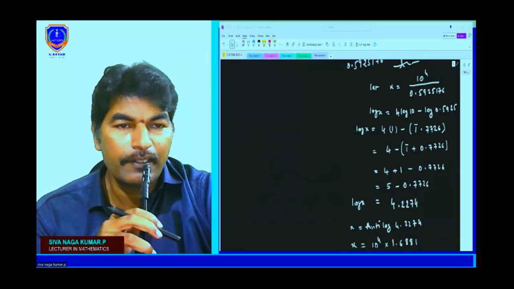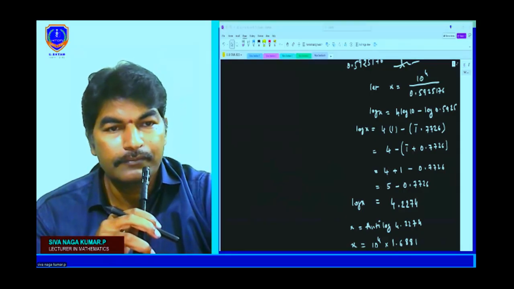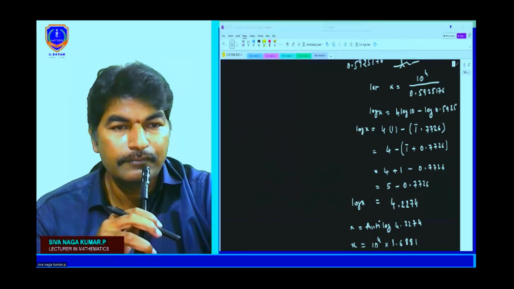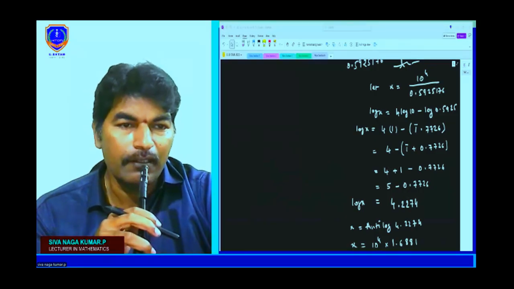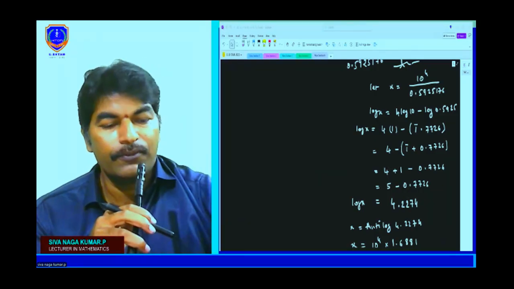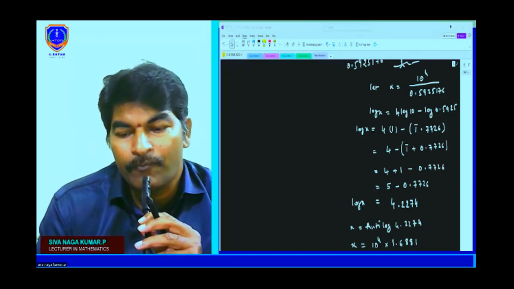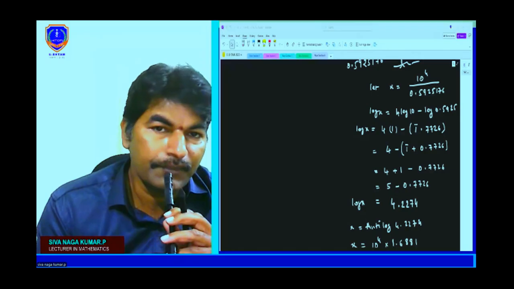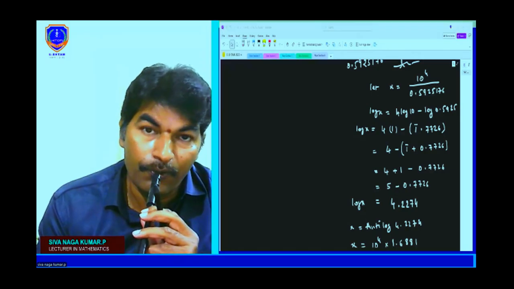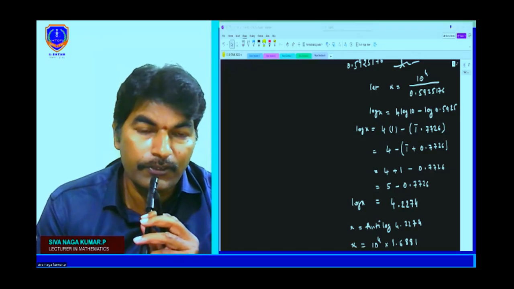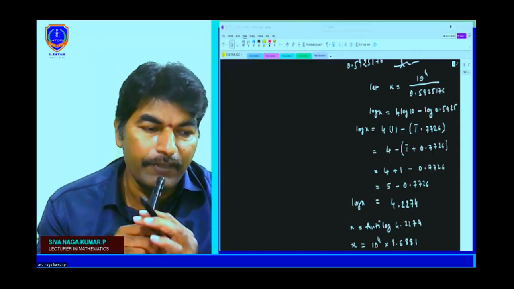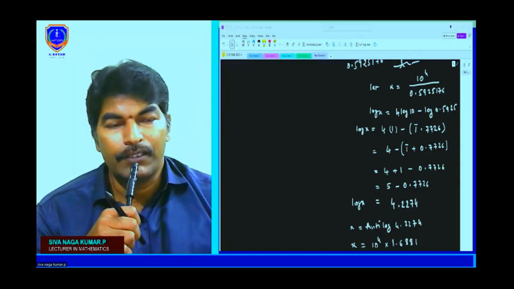Why did you get 9 at last? Okay. It may differ. If you use a calculator, you get 10 rupees excess amount, and if you use logarithms, you get a lower amount. It will vary, but okay.